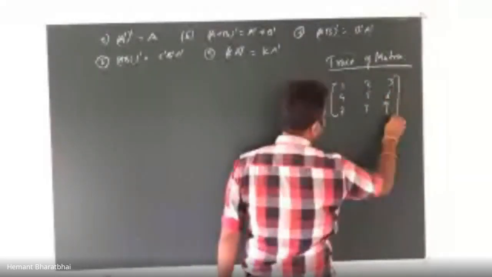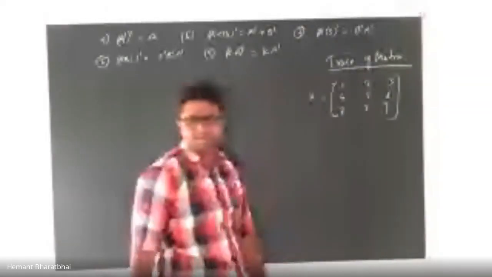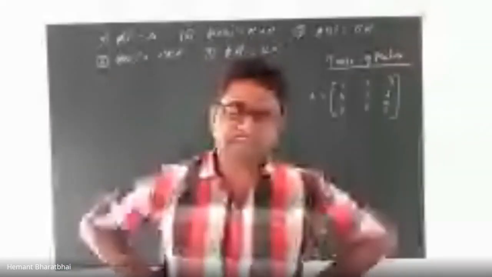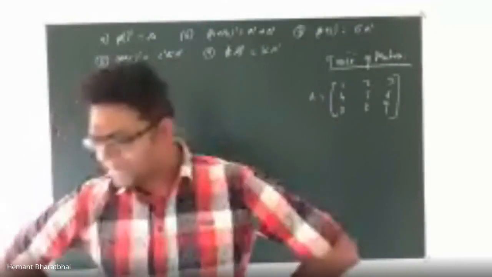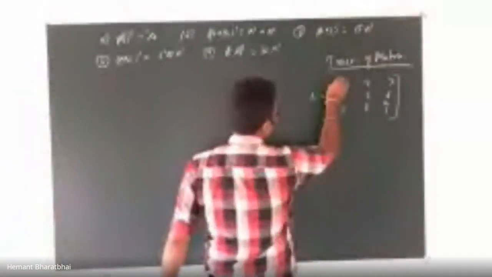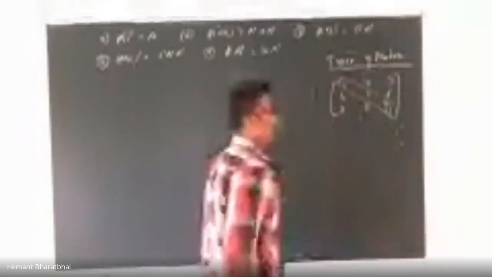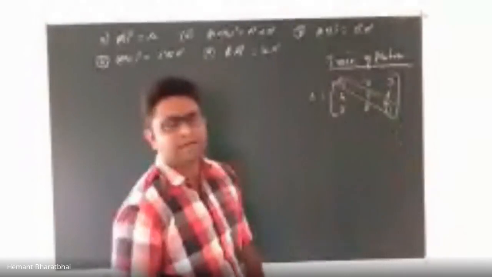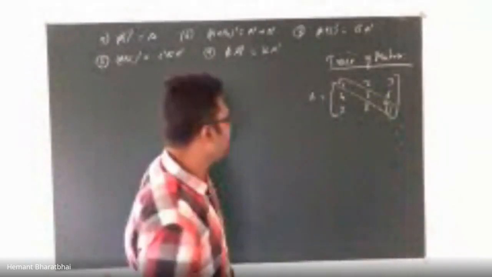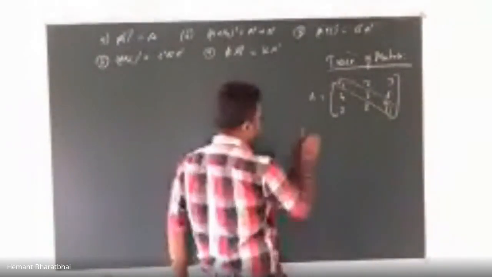So let me take this matrix of the order 3 by 3. Now trace of a matrix is defined only for a square matrix. Okay, why? Because a square matrix is going to have a diagonal. So sum of the diagonal elements is called as trace of a matrix.